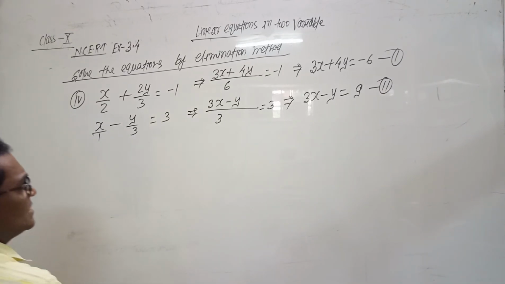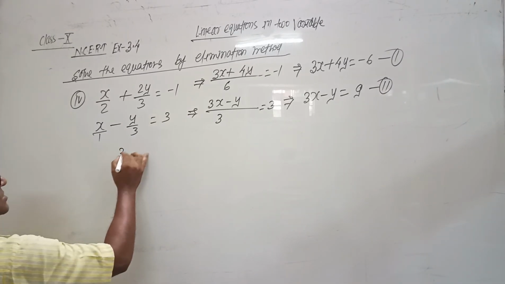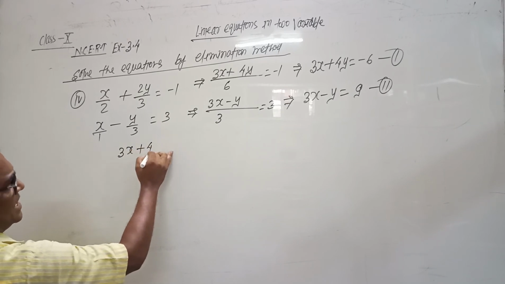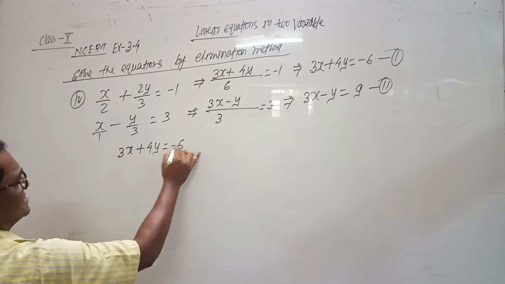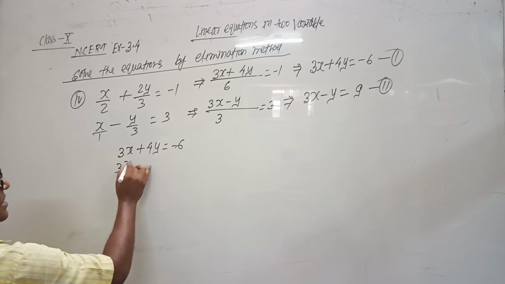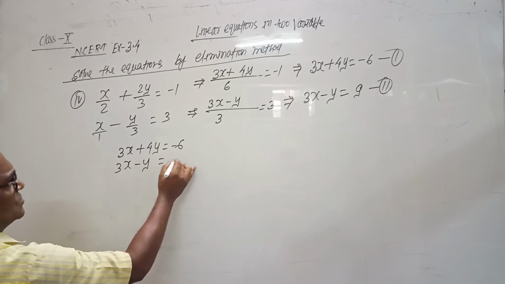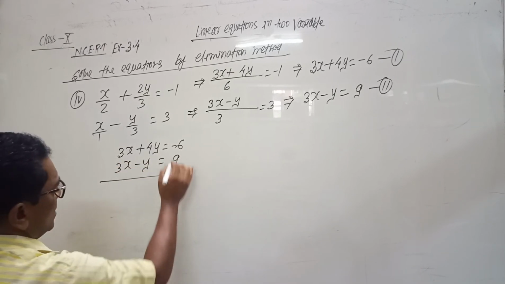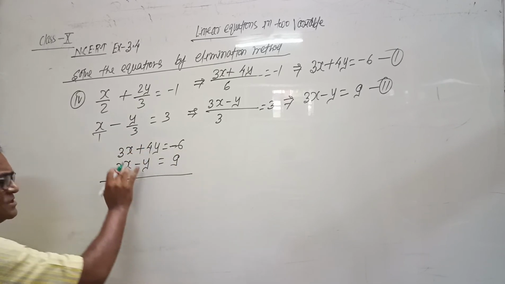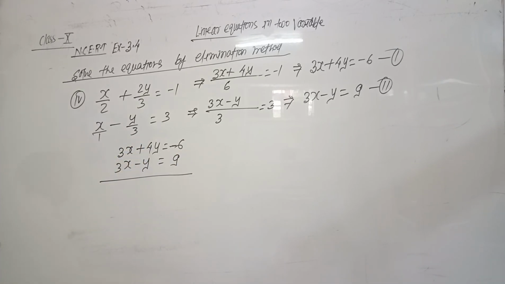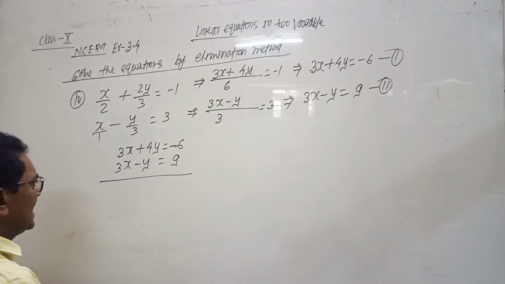Now we will write both the equations. 3x plus 4y equals to minus 6 and 3x minus y equals to 9. Both equations have the same coefficient of x, so no need to multiply.